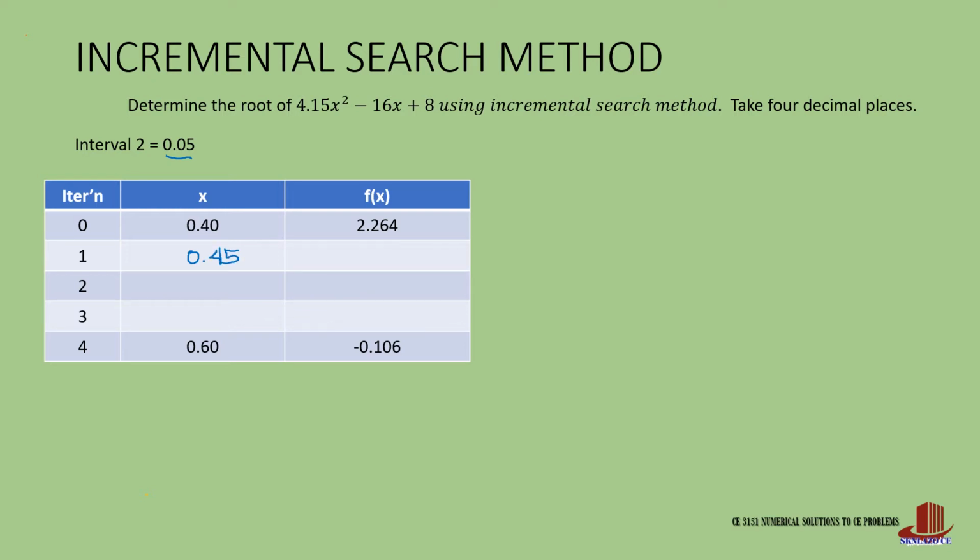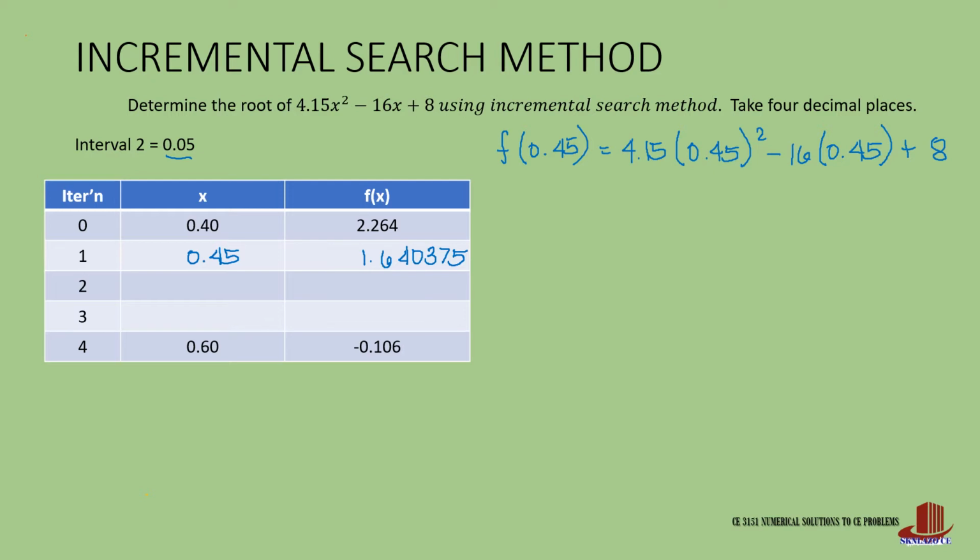Plugging our value of x of 0.45 into the function, that would be 4.15 times 0.45 squared less 16 of 0.45 plus 8, we would get positive 1.640375. This is still a positive, so we move on to the next.